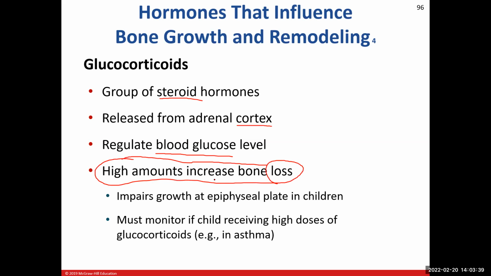We have to keep an eye out for this because there's been an increased rate of asthma in children, at least here in the United States. For those kids who are on steroids because their asthma is really bad, we have to be careful because it can impair the growth at the epiphyseal growth plate in their long bones.